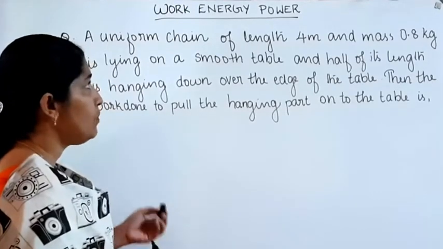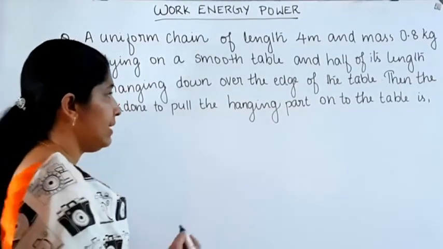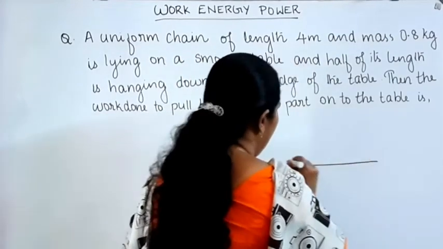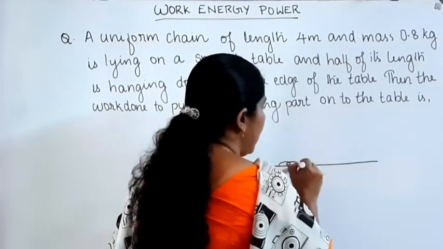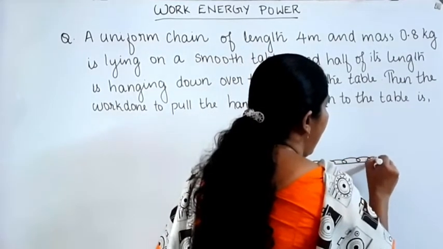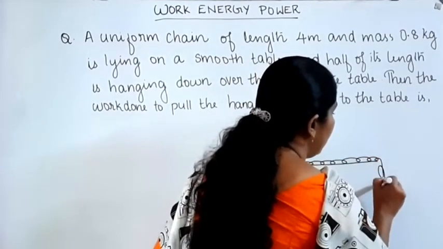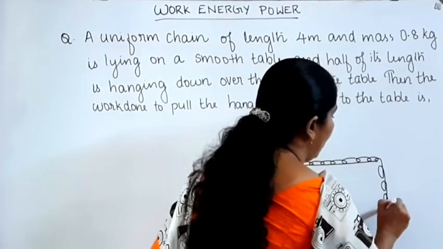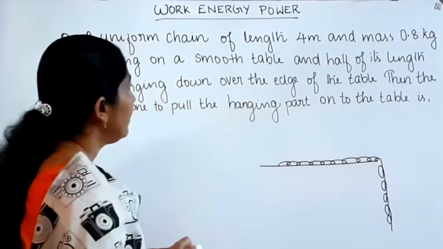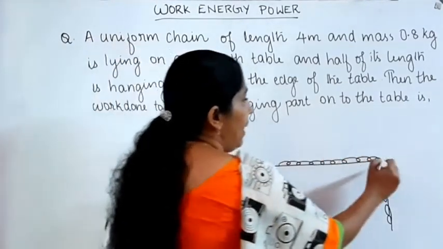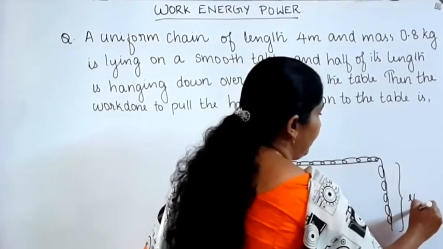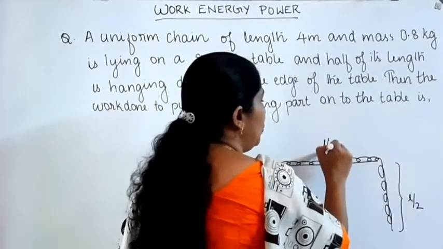Here, a uniform chain of length 4 meter, and half of its portion is hanging down, that is L by 2 portion is here, and L by 2 portion is on the table.